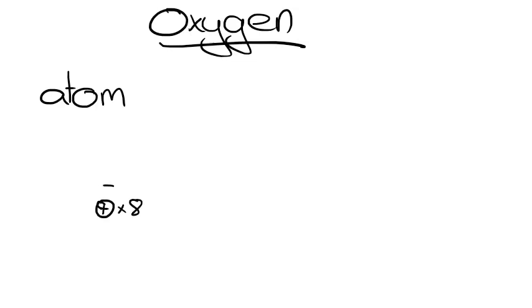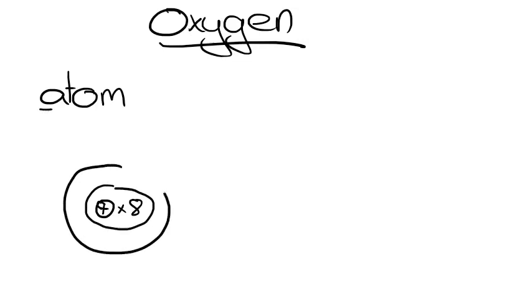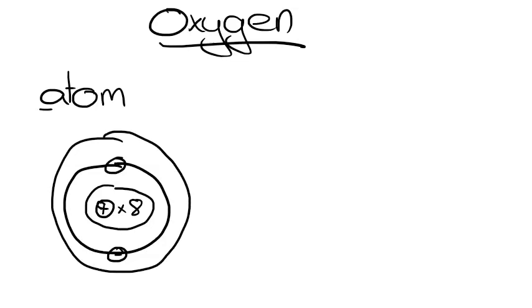That means that when it's an atom, it is going to have 8 electrons in its shells. So we're going to have 2 electrons in the first shell, and then we've got 6 electrons to put around the next shell. 3, 4, 5, 6.